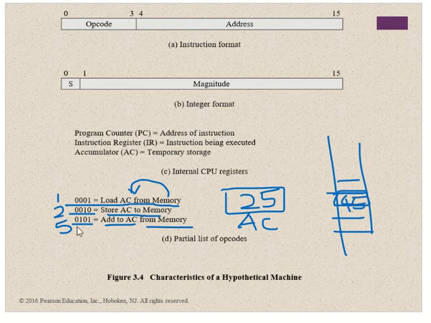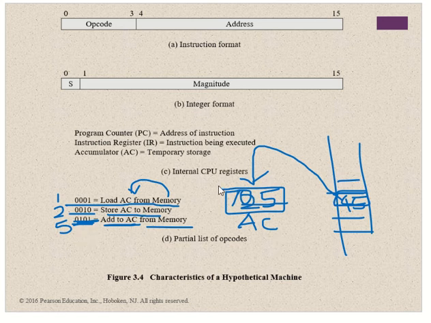What is operation 5, 0101? Add to AC from memory. So take the value from memory and add it to AC. 45 plus 25, so what will be the new value? 70. Can you get the idea? That is the operation here.